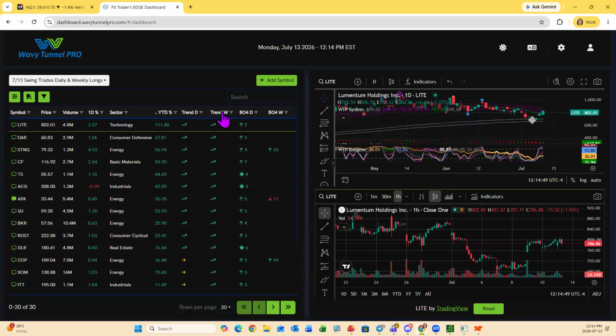We can see the daily trend and the weekly trend. Now, all of these breakout for dailies have the weekly trend and the daily trend up. That's one of the conditions that I set. I want to make sure that we're in uptrends on the weekly if we're going to be buying the daily, for example.